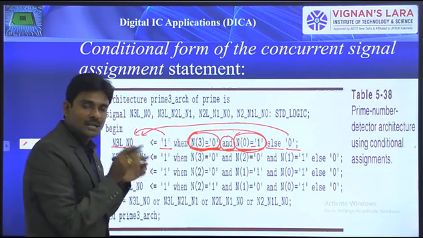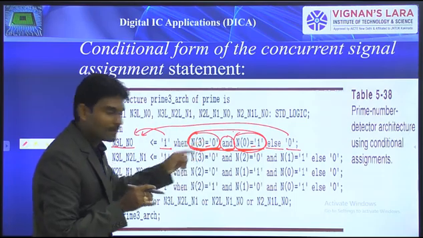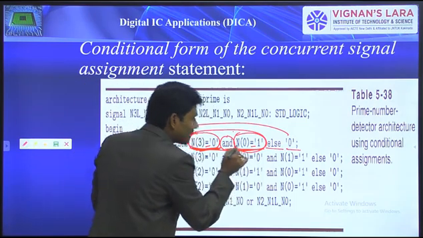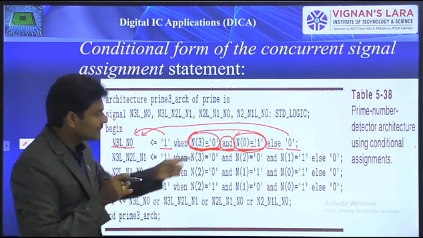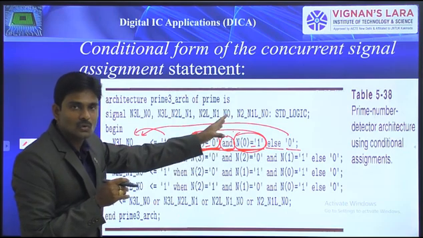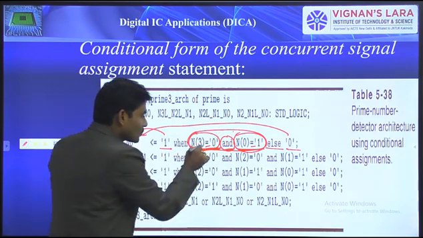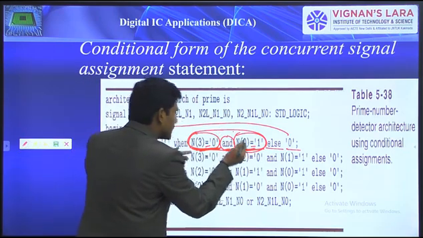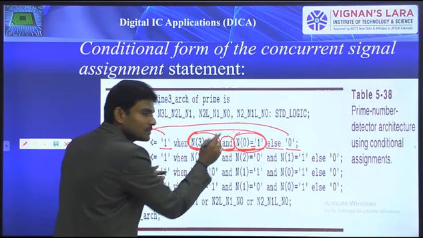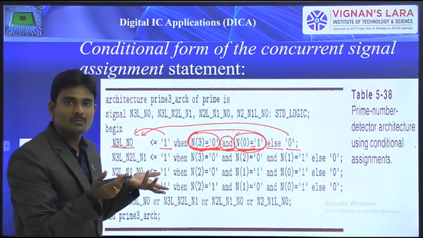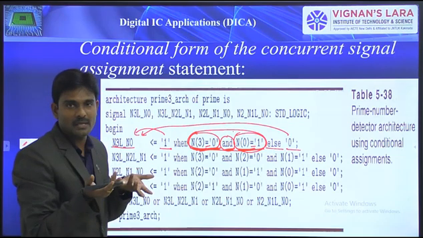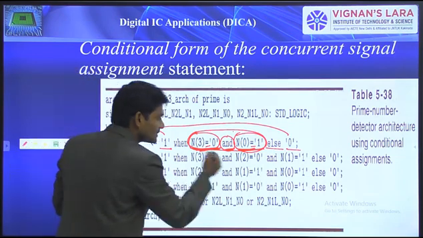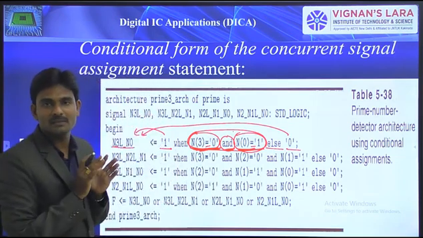N3 of 0: if that is true, then it becomes true, and with N of 0 equals to 1. If that condition is satisfied, then it is also true. Then true and with true, the result becomes true. Because Boolean values are true and false, those two only, the result is displayed either true or false.